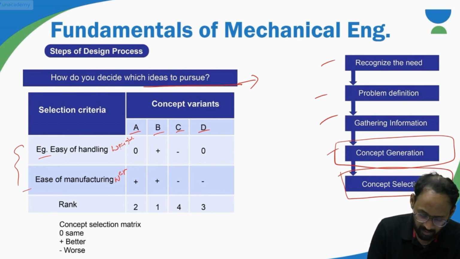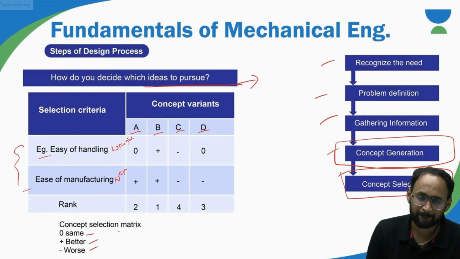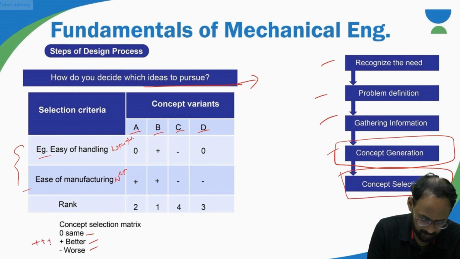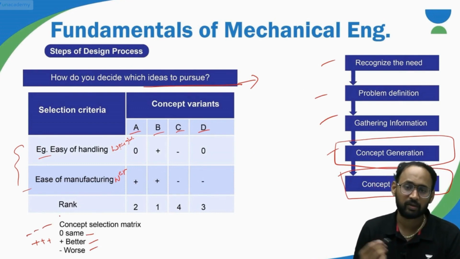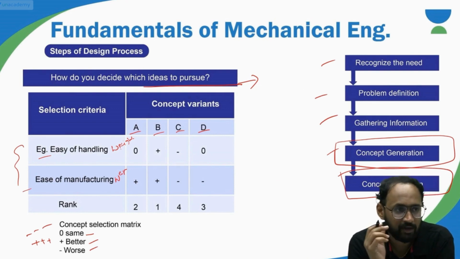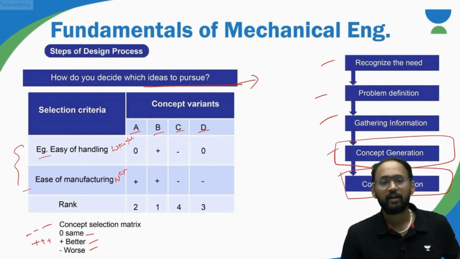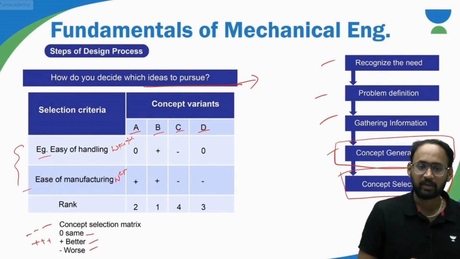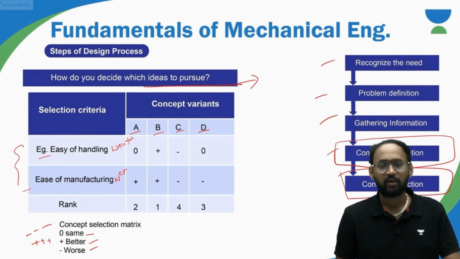Here it's a simple case where 0 means neutral, positive is better and negative is worse. Somewhere in certain papers you can also find people putting plus plus plus or minus minus minus. So people use a variety of concept selection and ranking techniques.